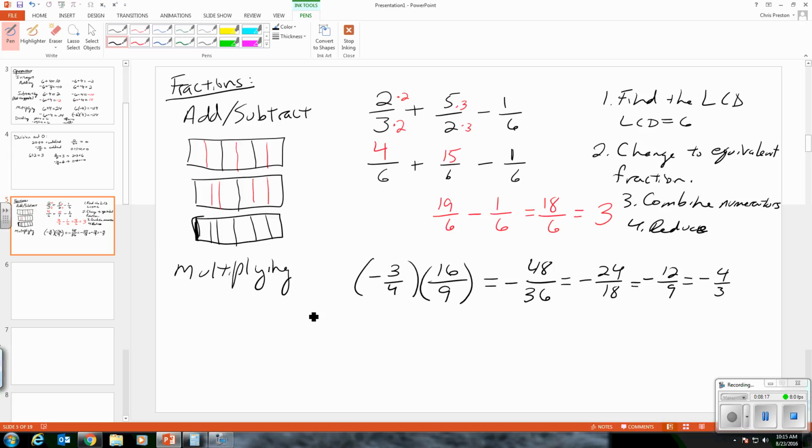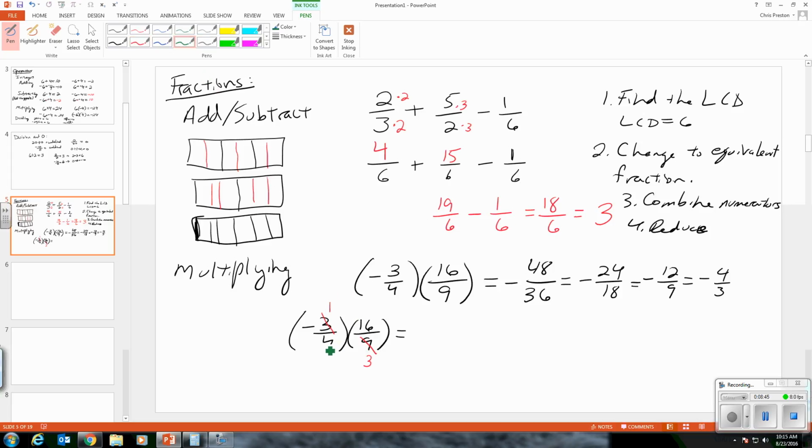But that's not the only way I could have done this problem. I could have, instead of reducing at the end, reduced at the beginning. So I could have said, as long as one number is on top and one number is on the bottom, so for example, 3 goes into 3 once, 3 goes into 9 3 times. So one of them's on top, one of them's on bottom. Then it doesn't matter if they're in the same fraction or in different fractions.